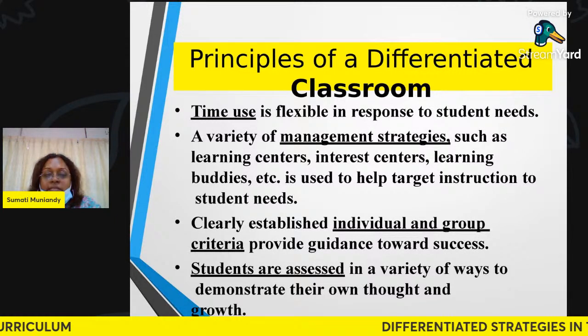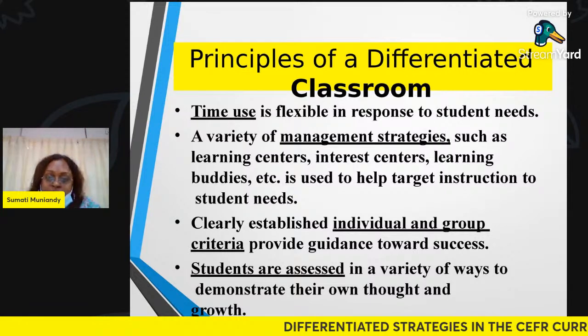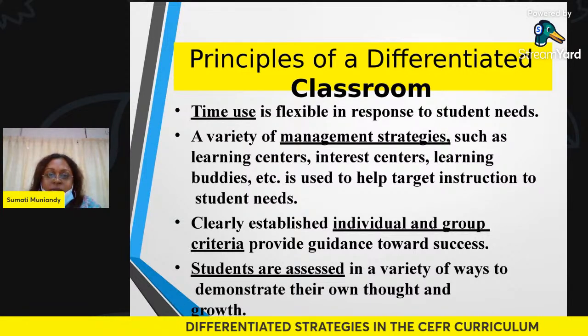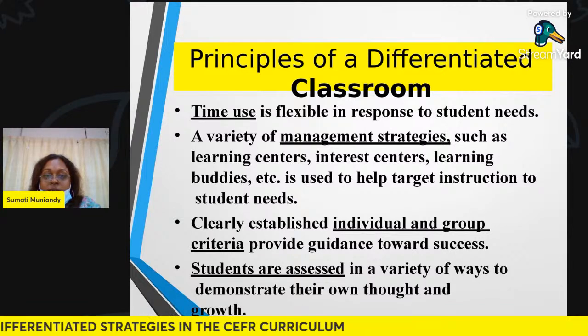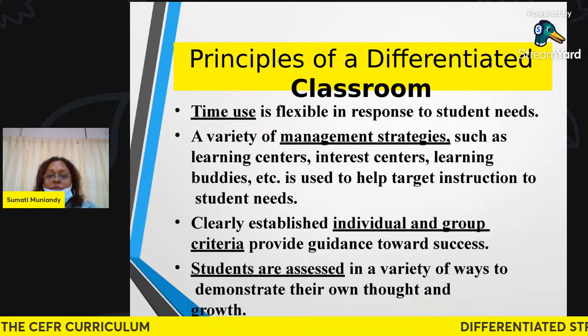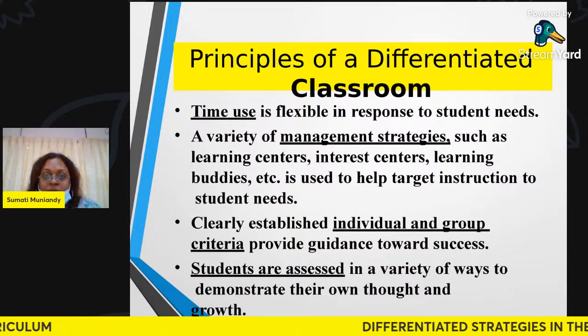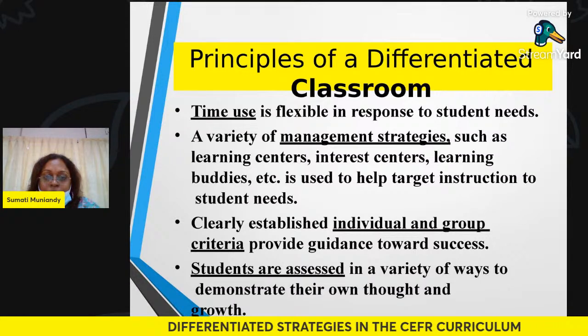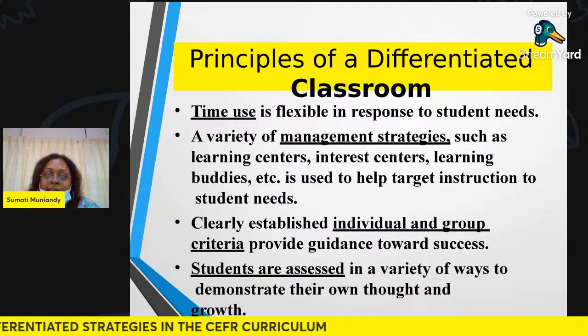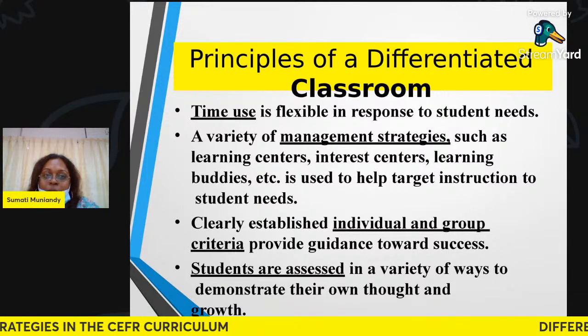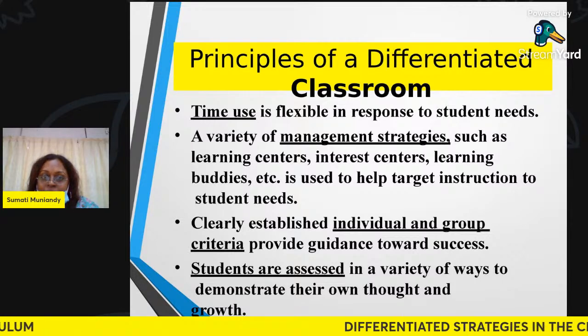What are the success criteria that you want them to achieve? You can stress on that. Students are observed in a variety of ways to demonstrate their own thoughts and growth. Give them empowerment, the power to learn on their own. You have to assist them.